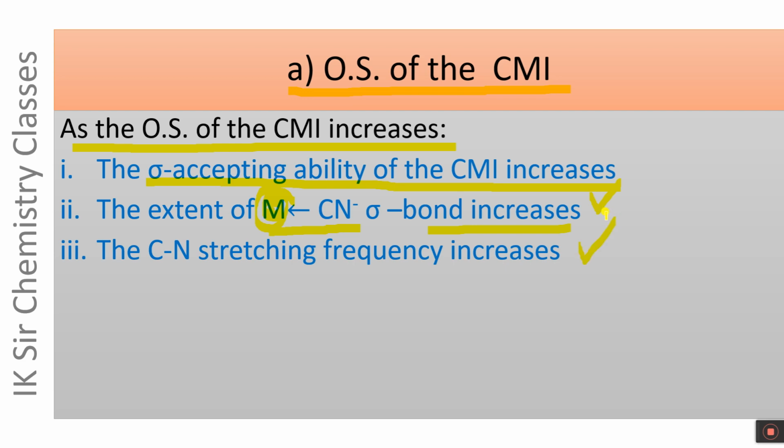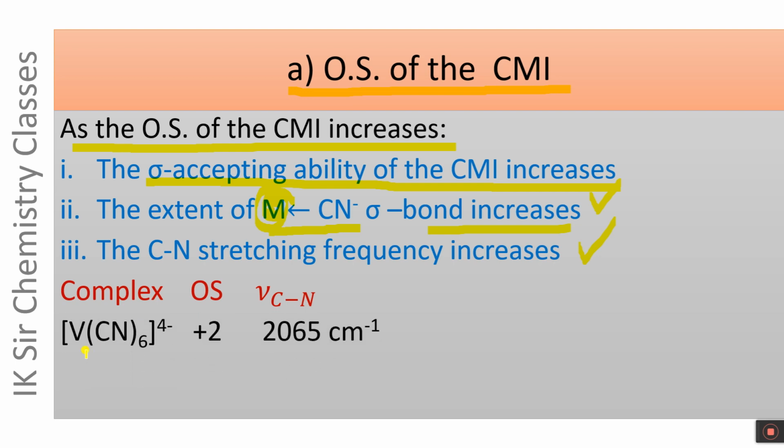Let us illustrate with an example. Here is the complex [V(CN)6]⁴⁻ ion. The oxidation state of vanadium is +2 and the CN stretching frequency is 2065 cm⁻¹. Another similar complex is given here in which the oxidation state of vanadium is +3 and the CN stretching frequency is 2077 cm⁻¹.